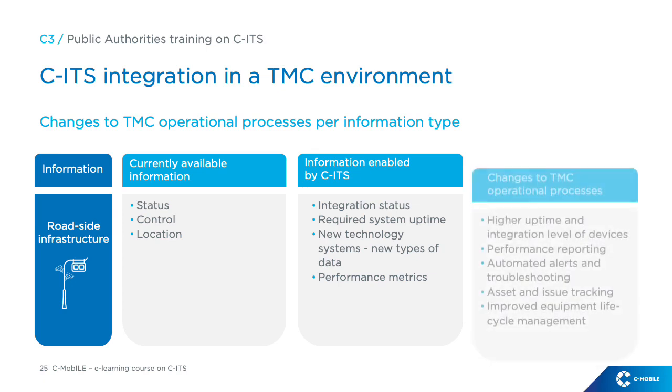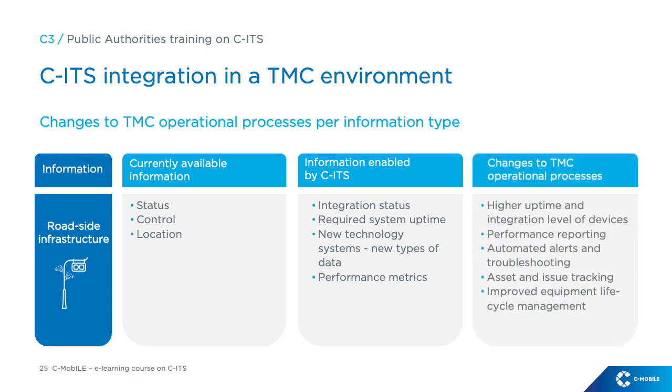The changes to the TMC operational processes therefore include a higher uptime and integration level of devices, the reporting of the performance and the management of the status of a field device, automated alerts and troubleshooting, the monitoring of assets and tracking issues based on performance, and an improved management of the life cycle of the equipment.